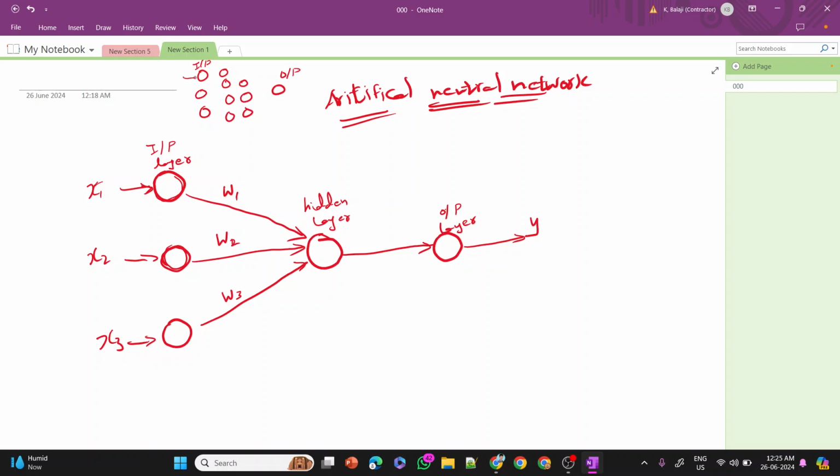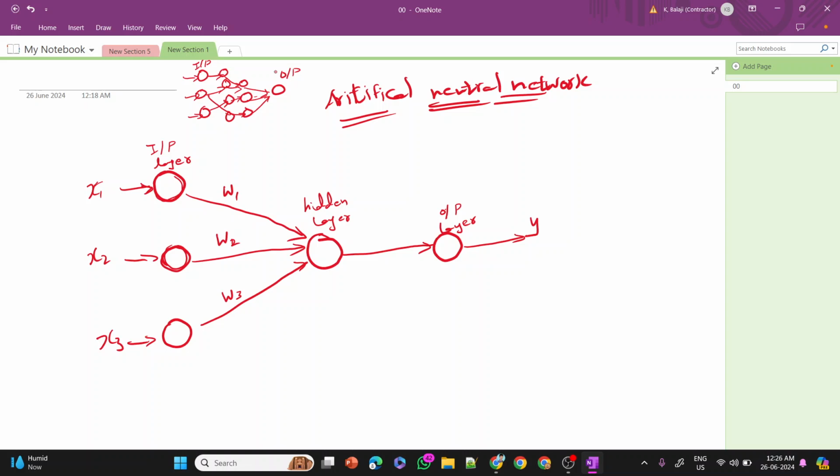The input layer gets the input and transfers it to the hidden layer, and the hidden layer will understand the pattern and structure of the data and store the information about the data inside it, and depending upon that, the output will be provided.